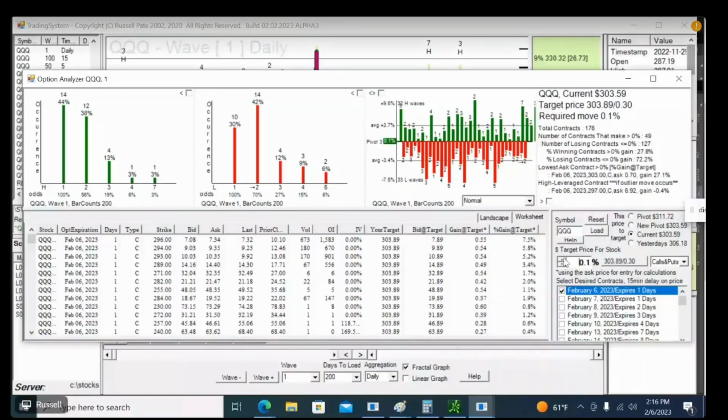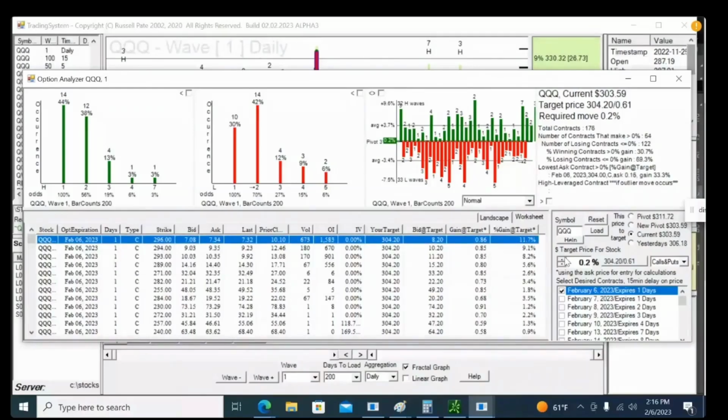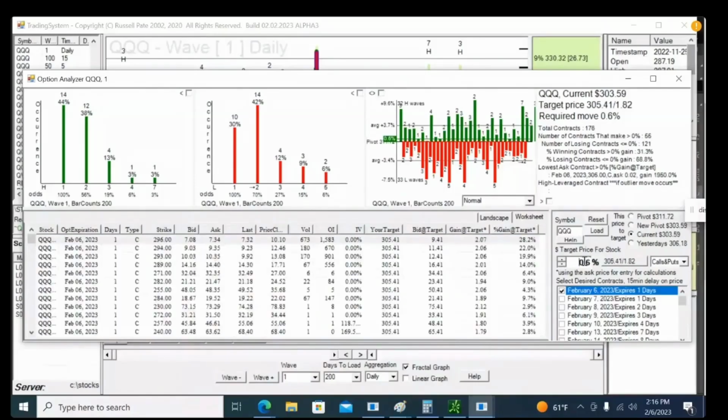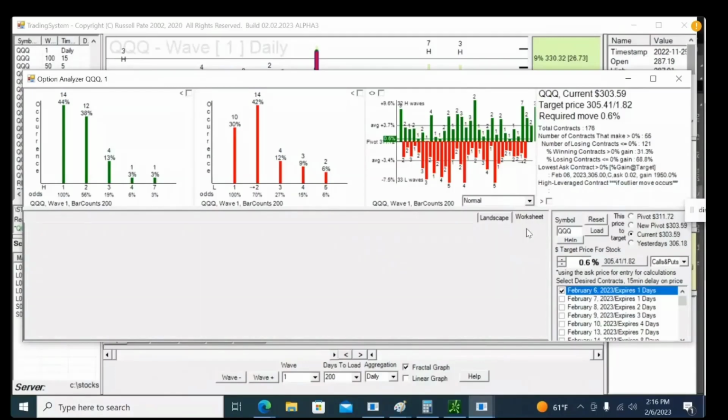So if we could buy this option at 734, get a little bit of bump up, you can see what starts happening. It starts impacting our bottom line. It starts bringing us into the money fairly quickly. So 0.6% makes that be at 28.2.